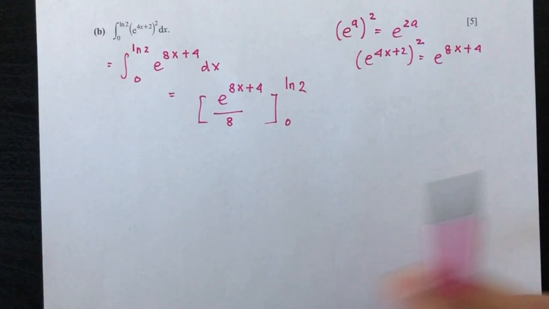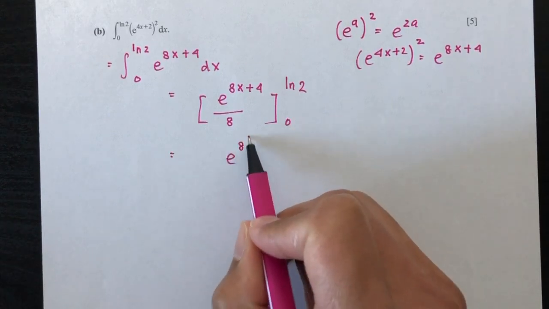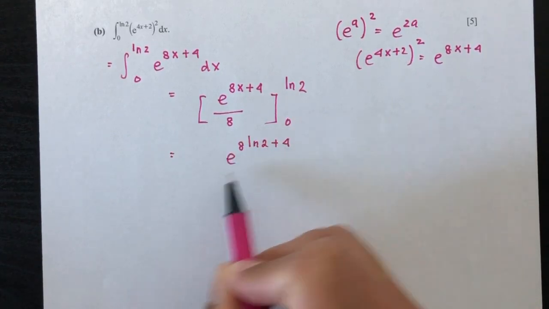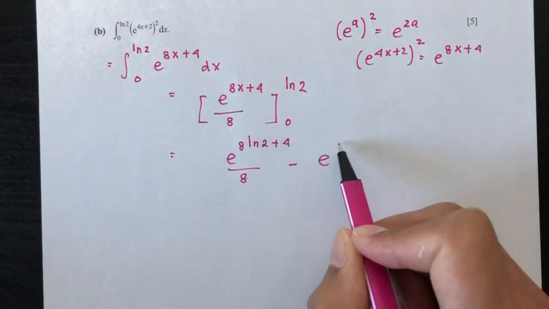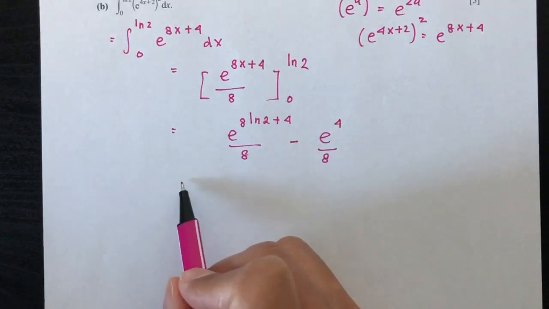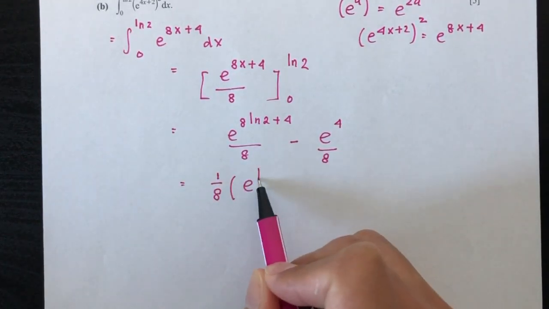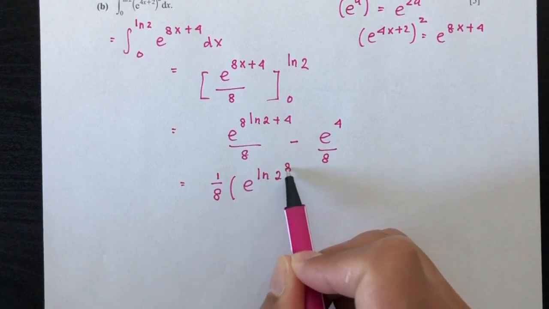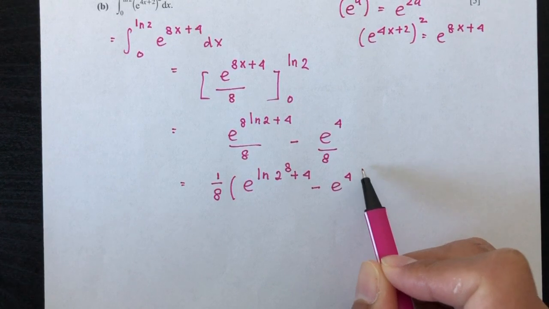Now you can try to replace those values. The first one will become e8 ln 2 plus 4 divided by 8 minus e, and that will be 0, that will be 4 divided by 8. You can take out this value first. Let's say we take out 1 over 8, you will have e ln 2 power 8 plus 4, and then minus e power 4.